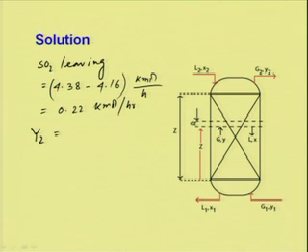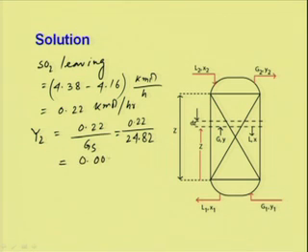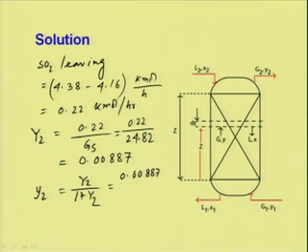Small y2 is equal to 0.22 by Gs, which is equal to 0.22 by 24.82, which is equal to 0.00887. Similarly, capital Y2 will be small y2 by 1 plus small y2, which is equal to 0.00887 divided by 1 plus 0.00887, which is equal to 0.00879.